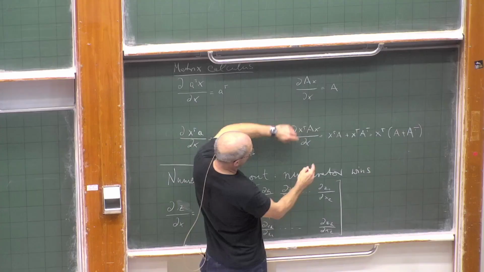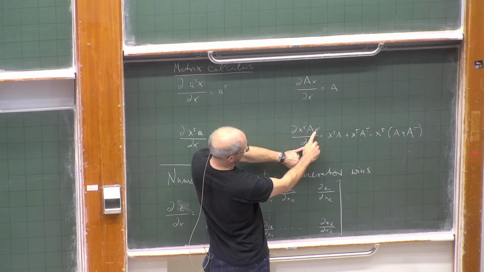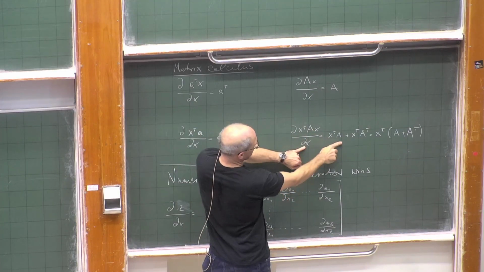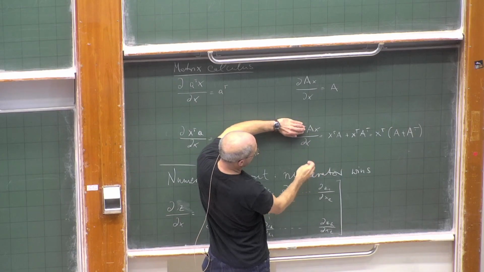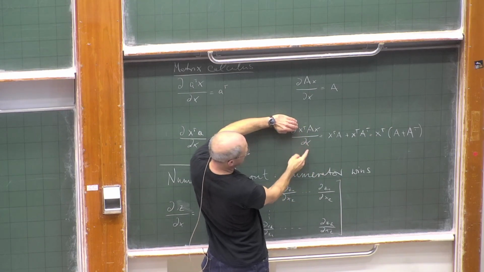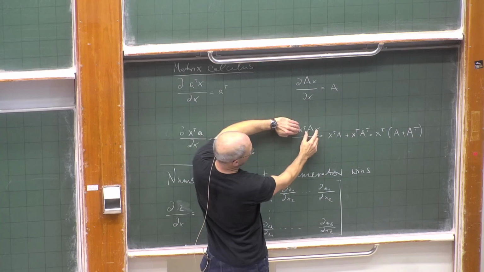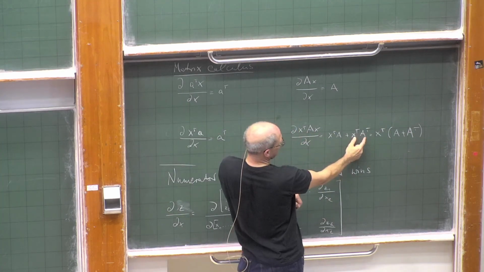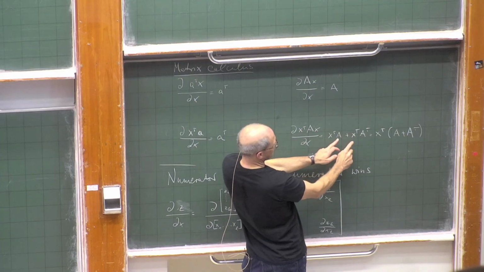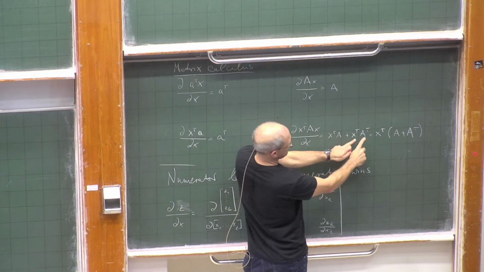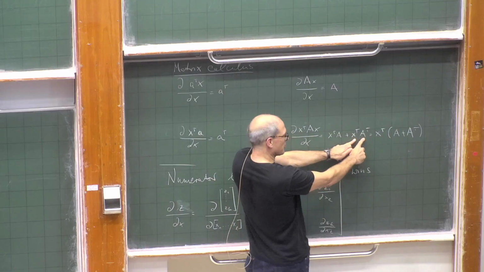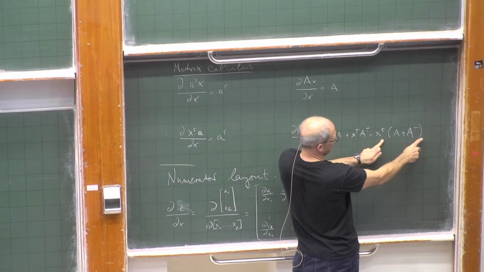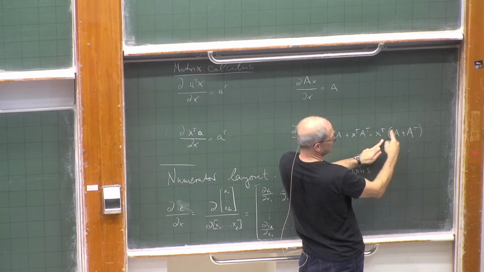So I get x transpose A, this is here. And then I differentiate x transpose with respect to x. I need to get this transposed, which is here. And now you see that once I have x transpose A, and the other time I have x transpose A transpose. So this is the result. And if it's symmetric, then of course this is just 2 times A.